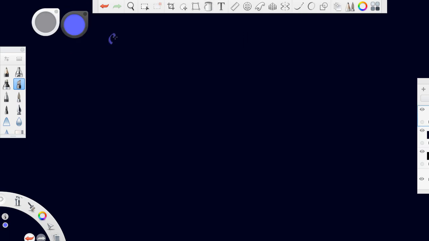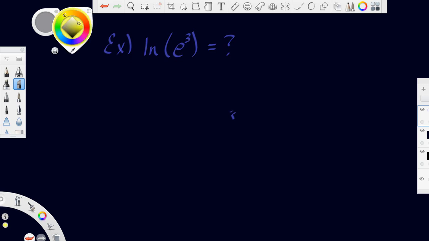Alright, so for example, let's say I wanted to figure out what the natural log of e to the third was. What this is actually is log base e.